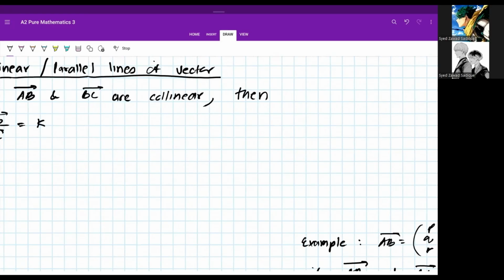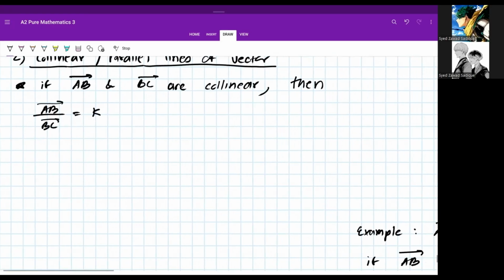If you don't know, collinear means points A, B, C are on the same line.